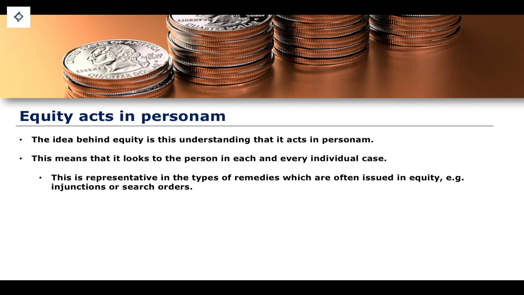We are applying specific minutiae against individuals in individual cases. We are looking at the facts of each of the cases themselves. We are acting in personam. And so a result of this is, if we look at some of the remedies, things like search orders or injunctions, they are very personal in terms of their application and specificities to individual cases.